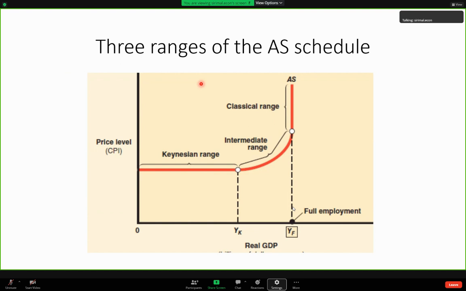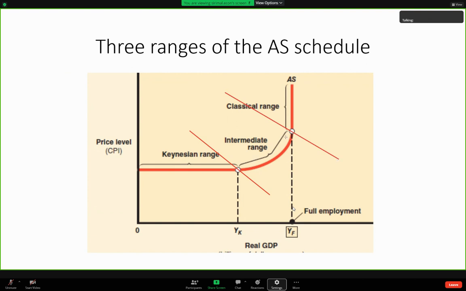Now, we discuss various shapes of the AS curve, unlike the AD curve. In some textbooks you may find this kind of AS curve also. Until it comes to this level, it is called the Keynesian range, and above this level it is called the classical range.